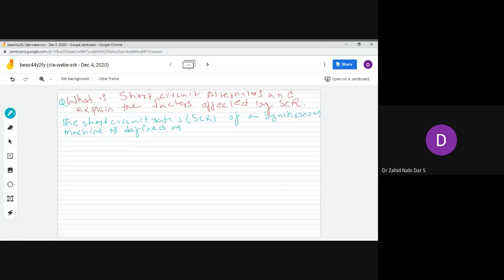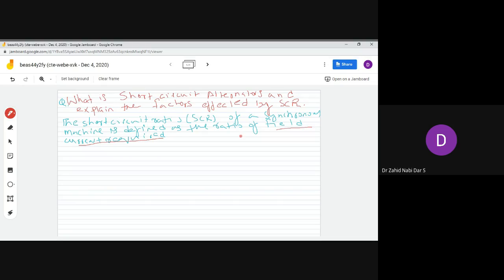as the ratio of field current required to produce rated voltage on open circuit. Means the field current is a constant variable over here, like in the short circuit ratio. So this field current is a variable that is essential here.